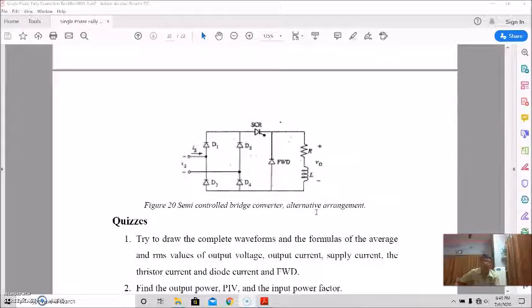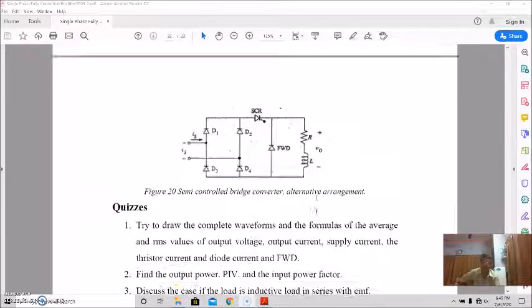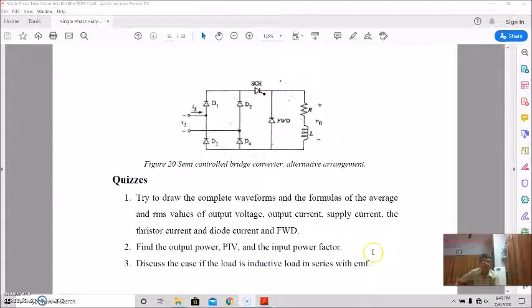So now I will give you the quiz. The questions are like this. Try to draw the complete waveforms and formulas of the average and RMS values of the output voltage, output current, supply current, the thyristor current, the diode current, and the freewheeling diode current.